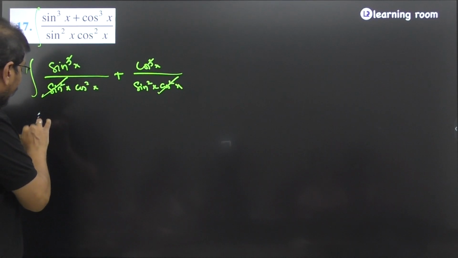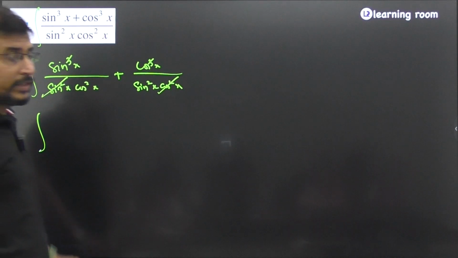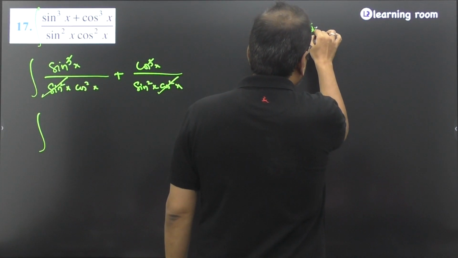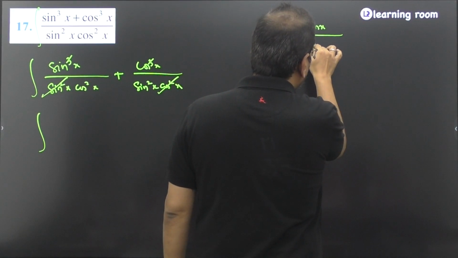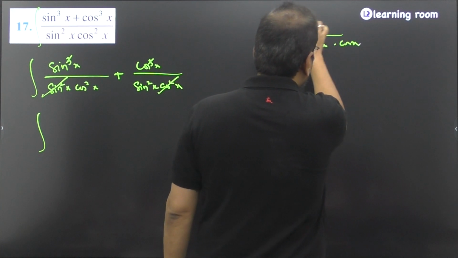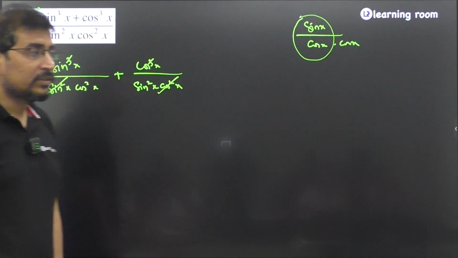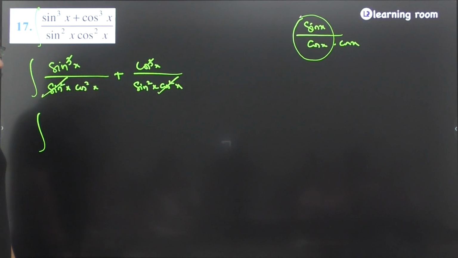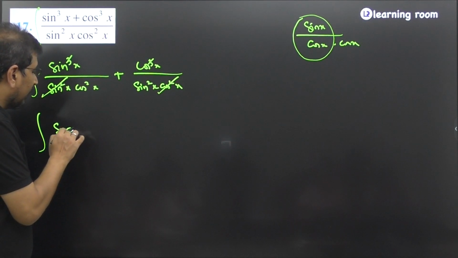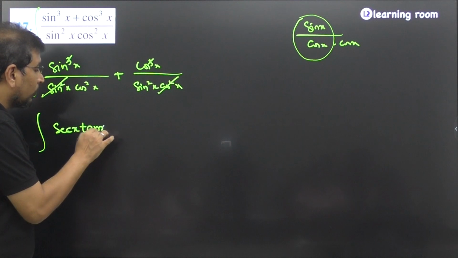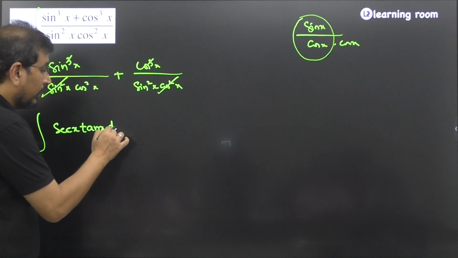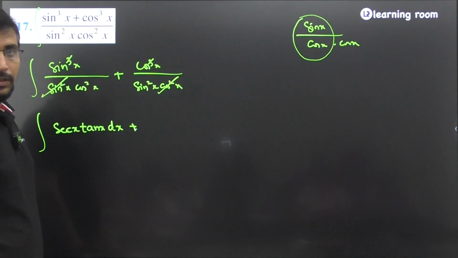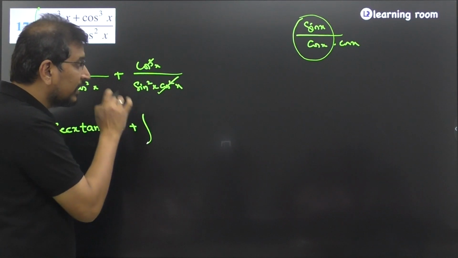Now the integral of sin x by cos square x, I will write sin x divided by cos square x as cos x into cos x, so that sin x divided by cos x gives me tan x and 1 by cos x gives me secant x. So the integral of secant x into tan x dx plus the integral of cos x by sin square x.